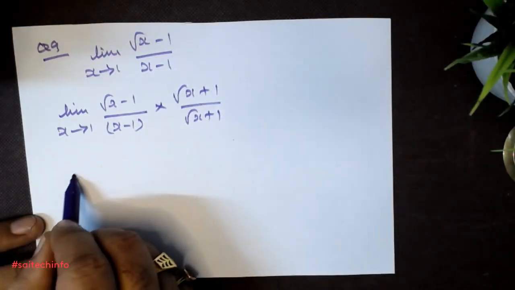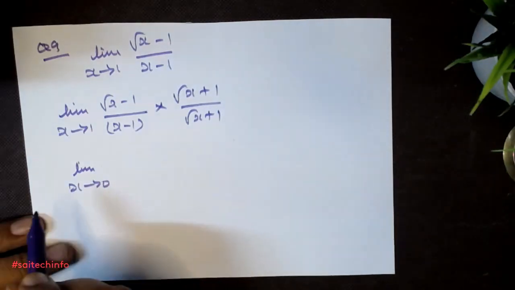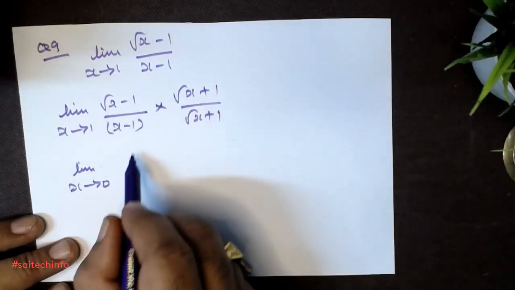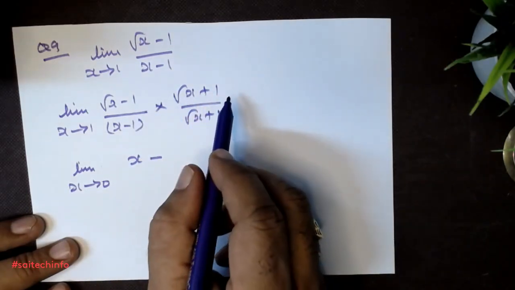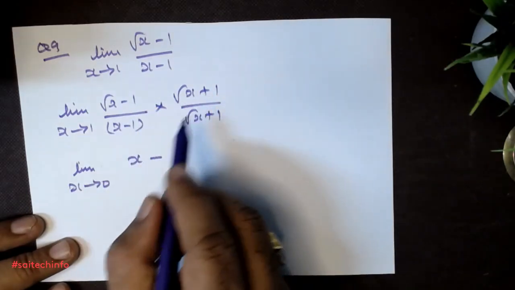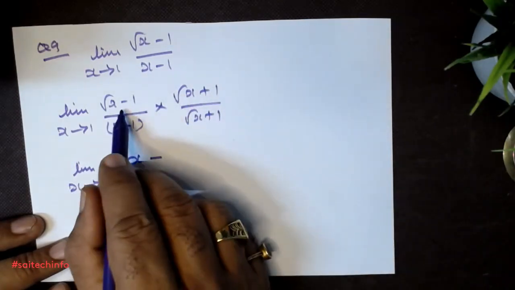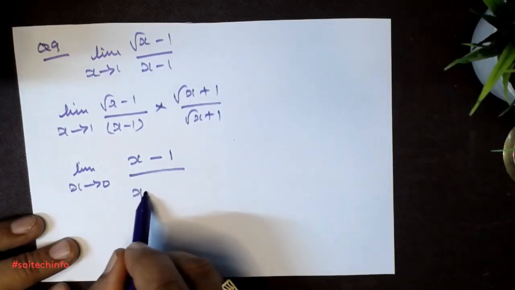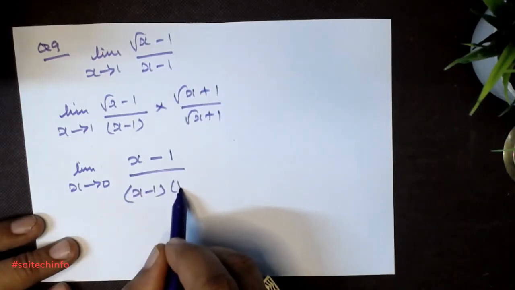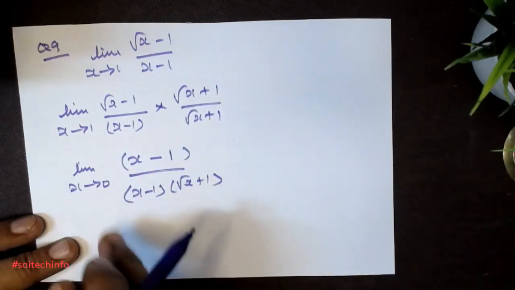Now we get limit x approaches 1, root x into root x, x squared, a squared minus b squared, a plus b into a minus b. So x minus 1 divided by x minus 1 into root x plus 1. So cleverly you can avoid this.